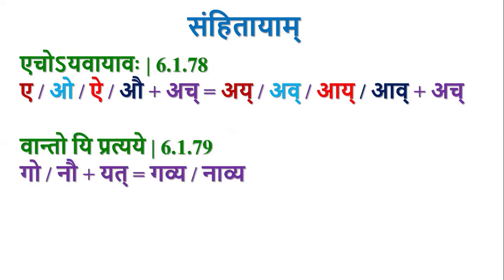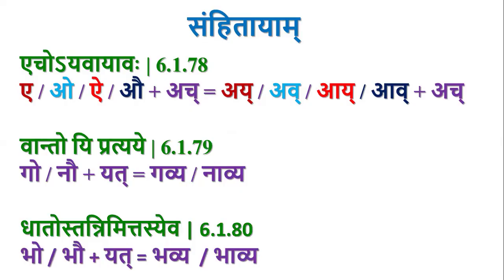This we know. By Vanto Yi Pratyaye, the Okara or Aukara are converted into Vantadesha. O becomes Av, and Au becomes Av, when they are followed by a Yakaradi Pratyaya.